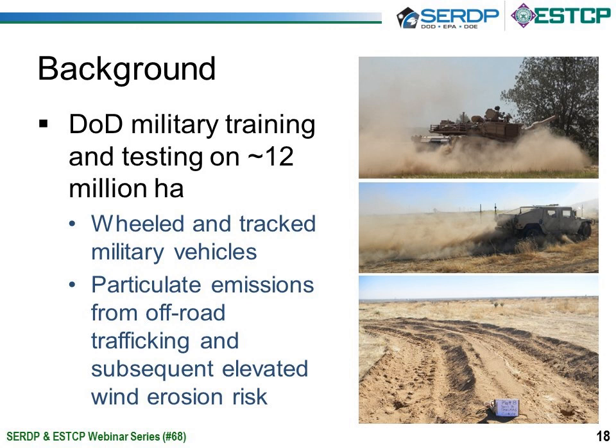Operating military vehicles on such lands not only generates particulate emissions during trafficking, as shown in the top 2 photos, but also often leaves the land at an increased risk for wind erosion following trafficking events during training and testing exercises.